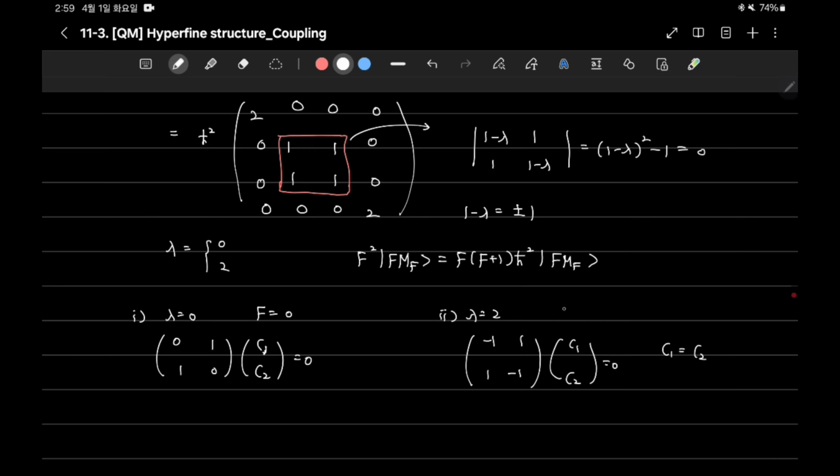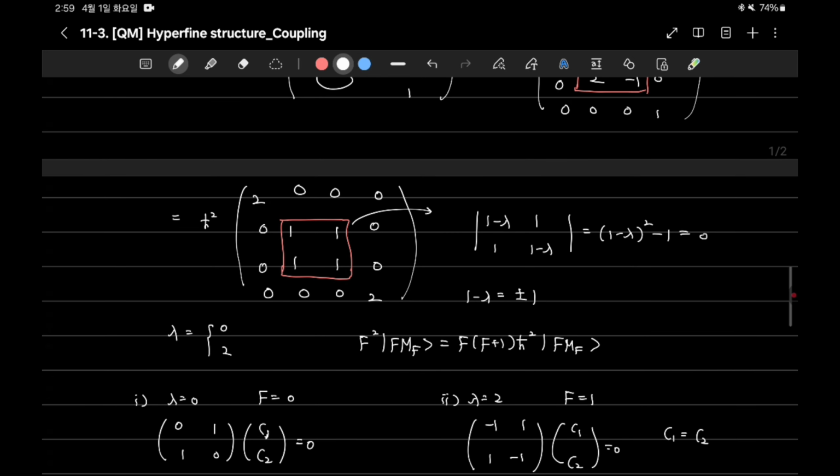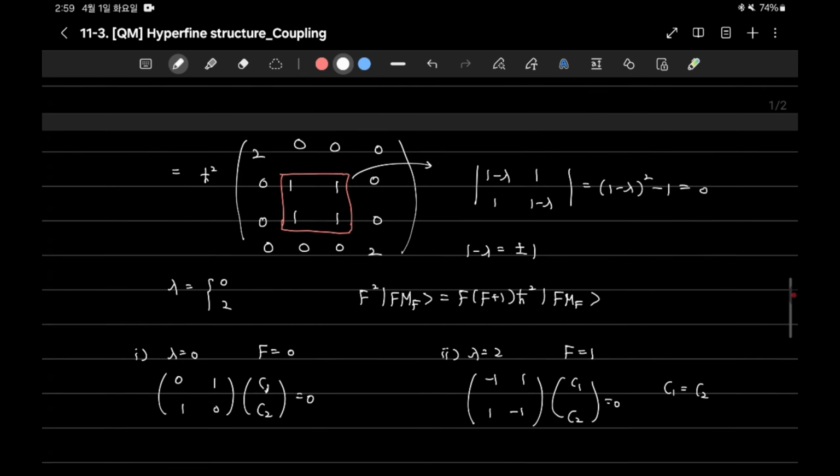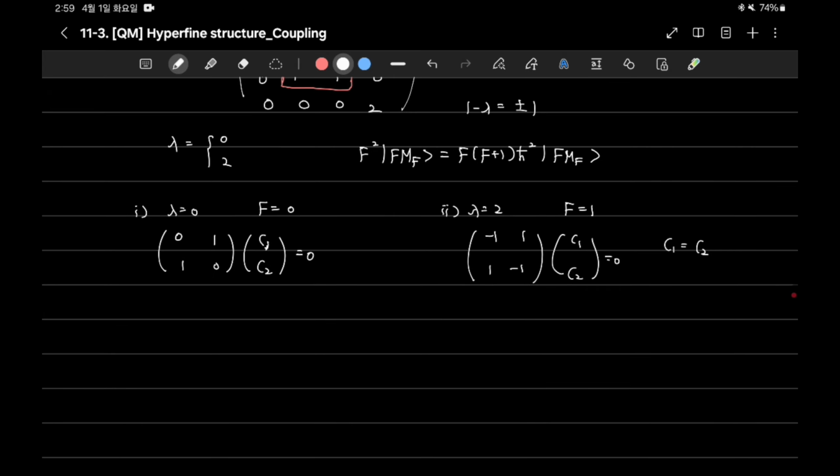And also here in the f equal to 1 case, here we can think that when we substitute here, it is f square f mf, that is 2 h bar square f mf.